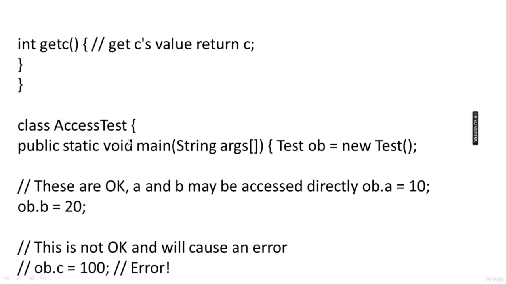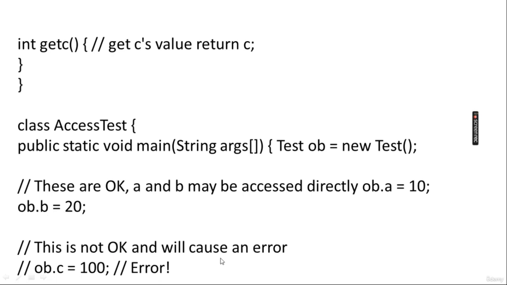Public static void main. In this I am creating one test object, Test ob is equal to new Test. These are okay, and a and b may be accessed directly. Why? Because those are public, by default public. We can access them like object name dot member name, object of class Test: ob.a is equal to 10, ob.b is equal to 20.